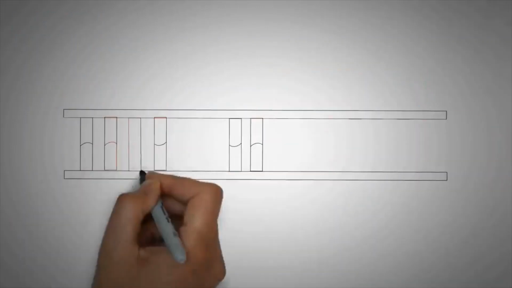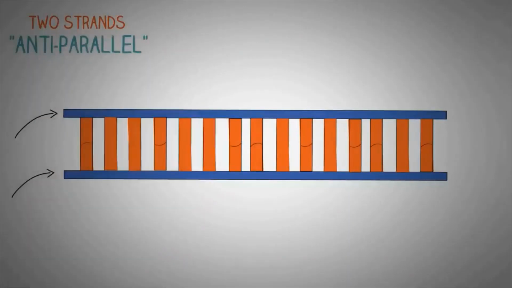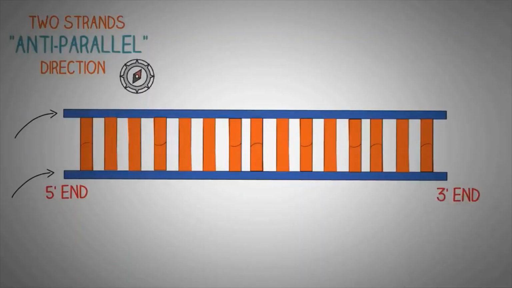Now, if you take a closer look at this step-ladder model of the DNA, you can note that it consists of these two strands which are joined together in the center by hydrogen bonds. Now, these two strands run in completely opposite directions to each other, which means they are anti-parallel, and they also have a direction. Now, in DNA, we don't have north, south, east or west directions, but on DNA, we have two ends, a 5' end and a 3' end of this strand.